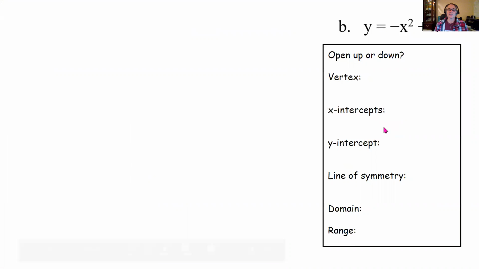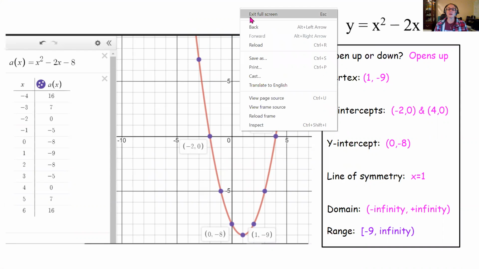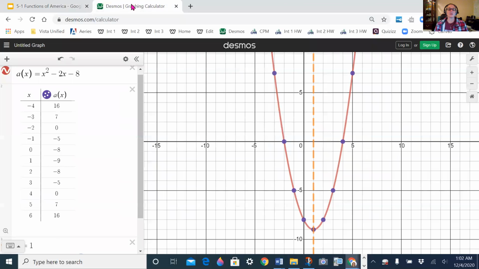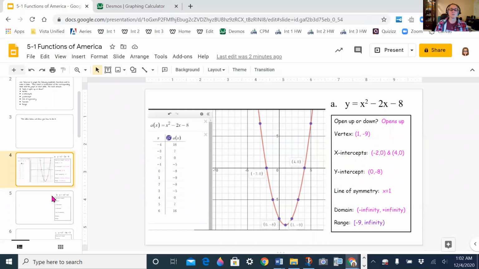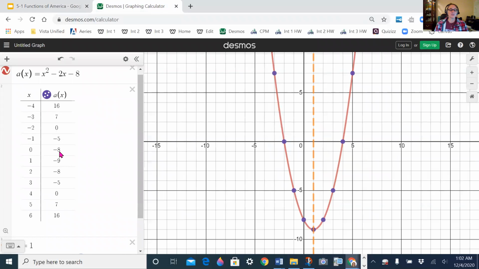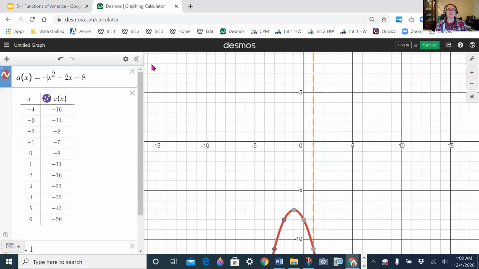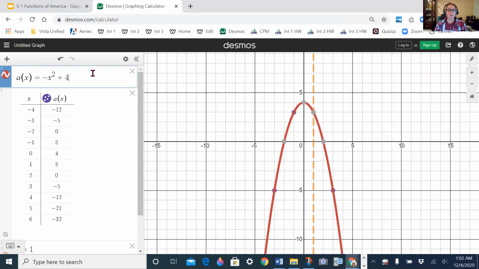And now the nice thing, since I've already have it set up, is when I come here to do the next one, which is negative x squared plus 4, keep this here and just keep it as a of x. That's fine. I don't care which letter it was on the thing. And then you can just come here and type in negative x squared plus 4, and then it's going to adjust the table for you.